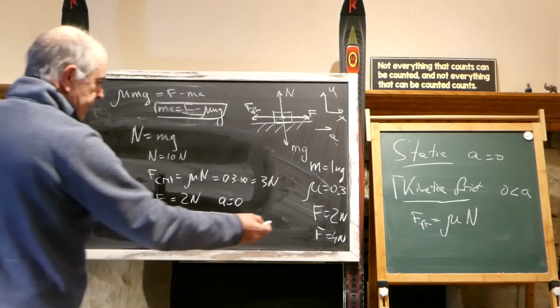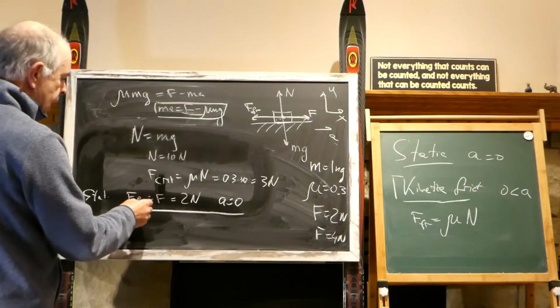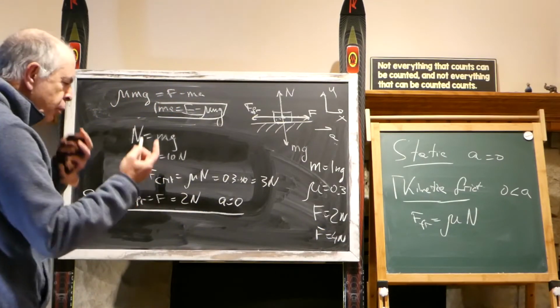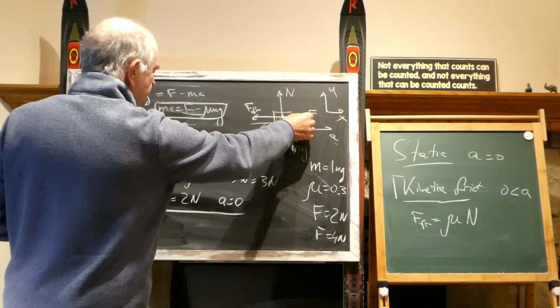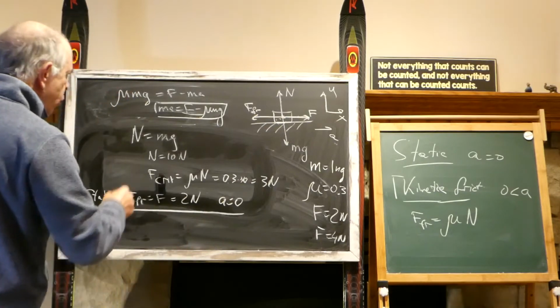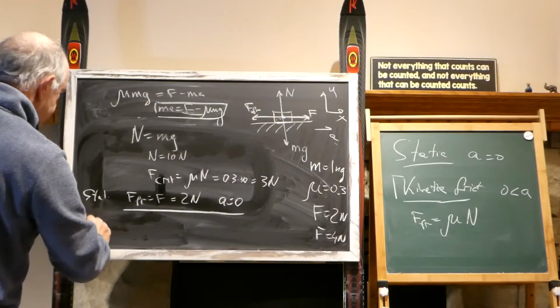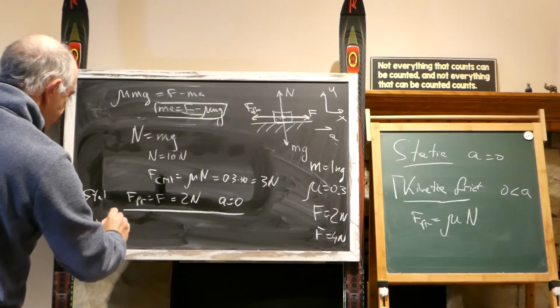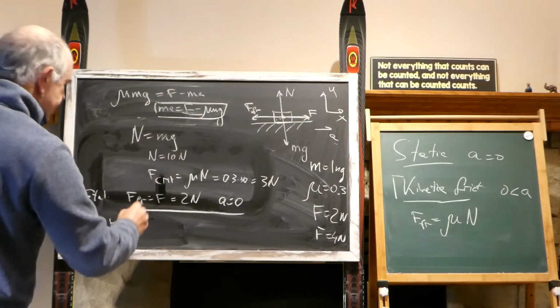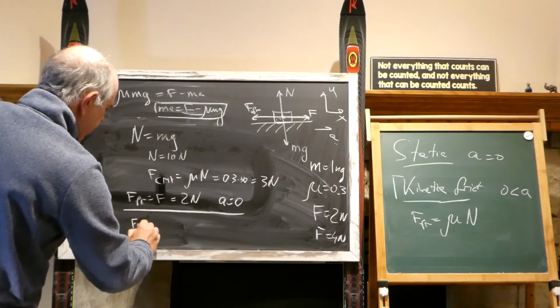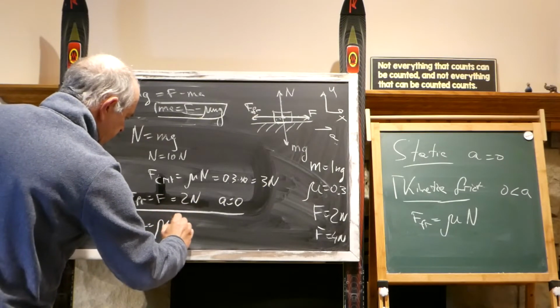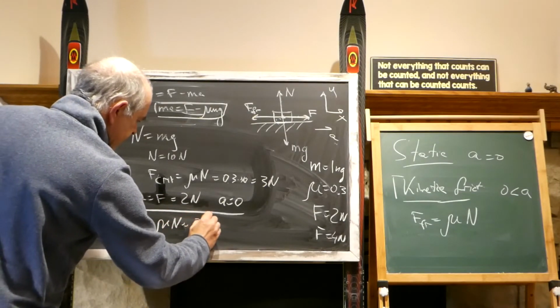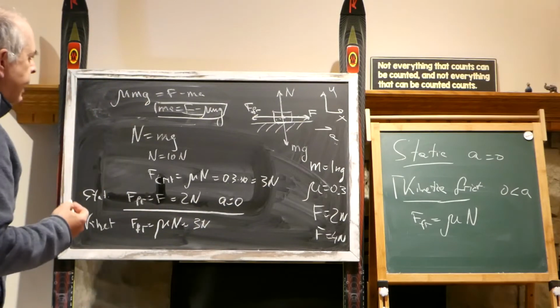But if we apply 4 newtons, then the maximum friction it can get is 3 newtons, but we're applying way more. That means we're in the kinetic situation. In this situation, F friction is mu n, and we already know it is 3 newtons, the maximum it can get.